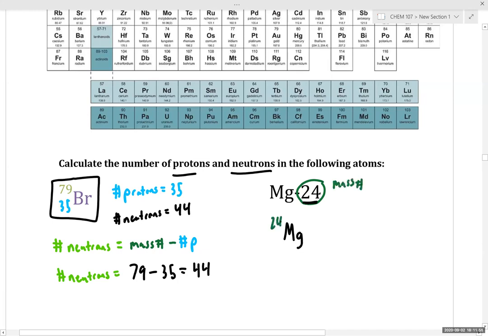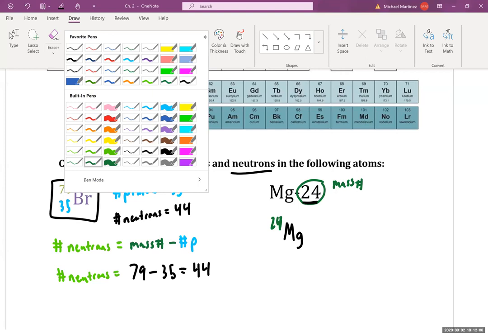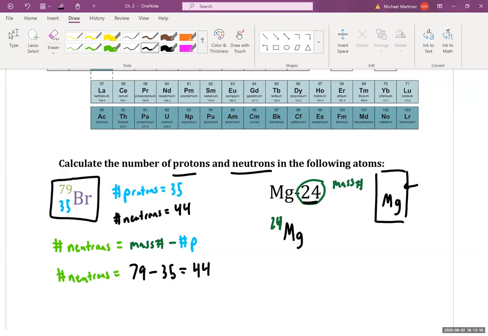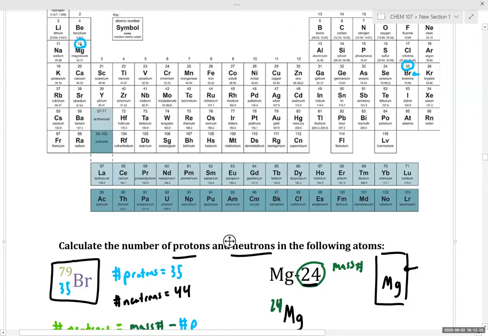So when you see magnesium 24, think of it like this, where our mass number is 24. That's critical because it allows us to now calculate the number of neutrons. Before we do that, first we need to look at magnesium and find the atomic number. So for magnesium, our atomic number is 12.